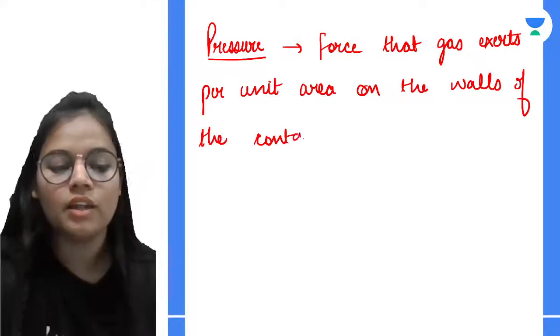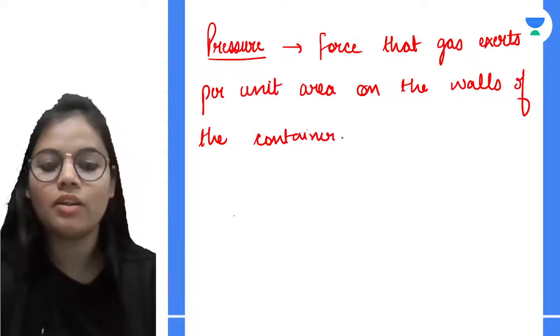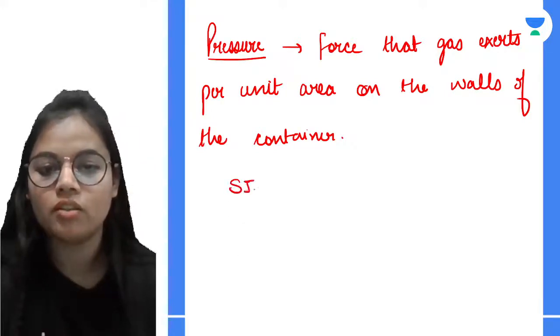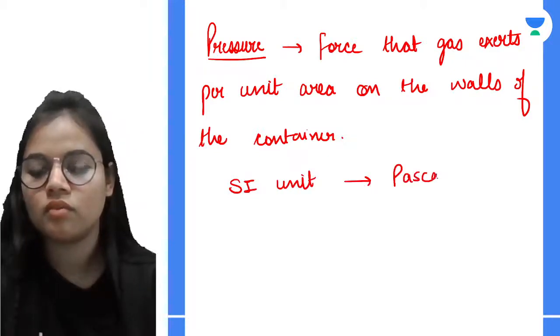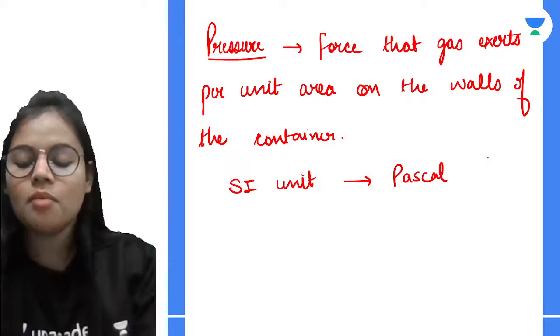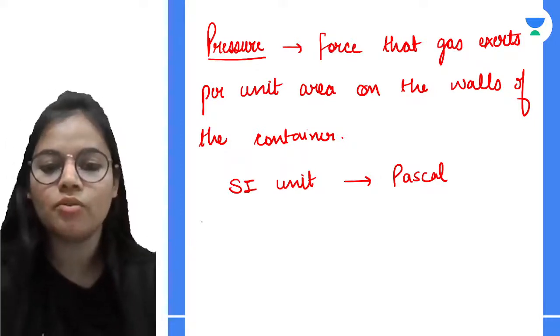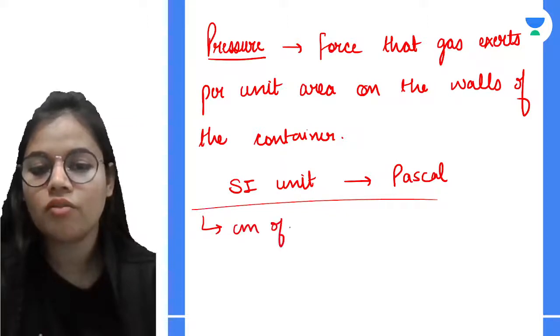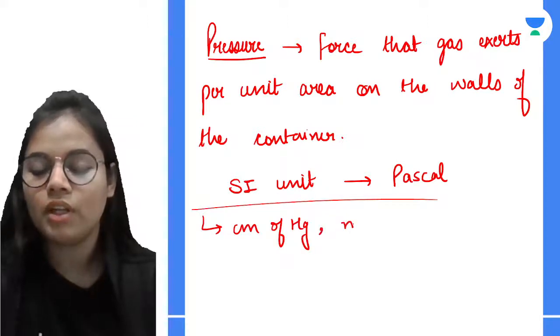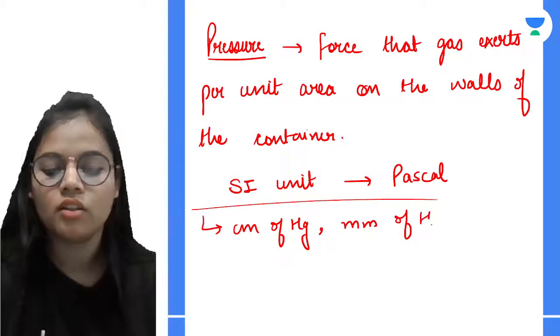All right, now if I talk about the SI unit of pressure, we have Pascal. Some of the common units that we use are centimeter of mercury or millimeter of mercury.